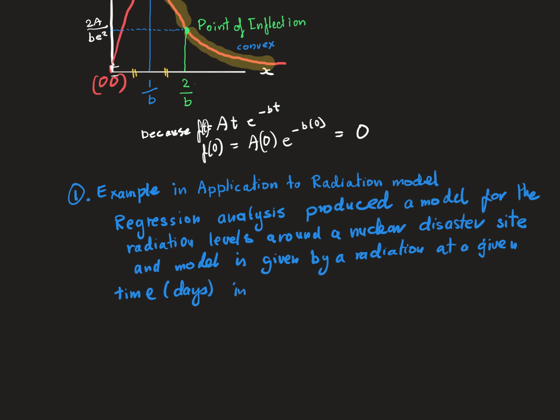In microsieverts. I remember doing this in physics with you, okay, but radiation is in microsieverts. So this model is showing me this. This is the equation that it's modeled by. R(t) = 45t e to the minus 0.4t.